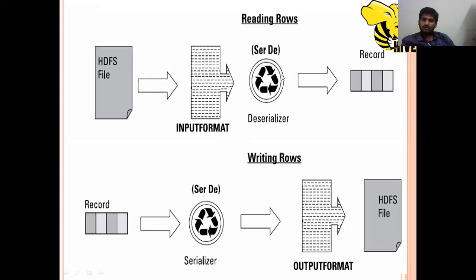So both deserializer and serializer together, the operation name is SerDe. Understand, from one format to another format the conversion happens. The deserializer converts input format to record format, and that input format is taken from the HDFS files, for record reading purposes.